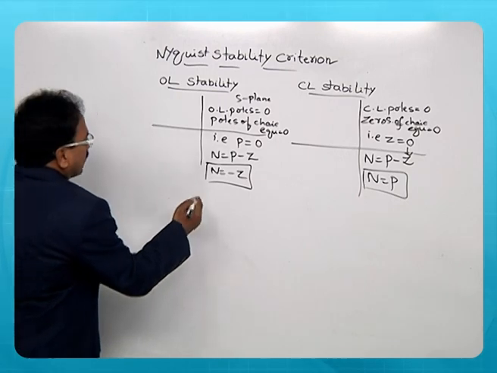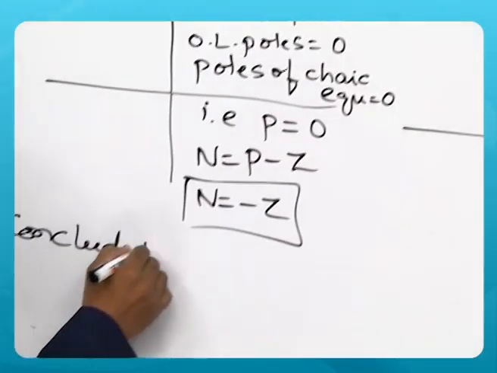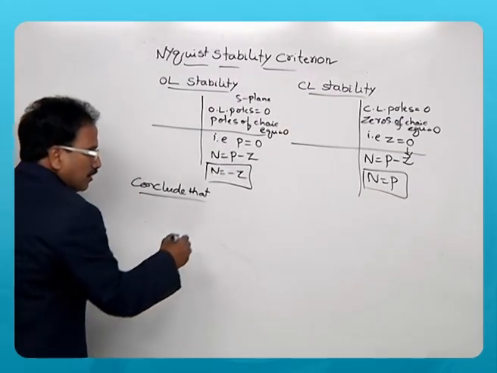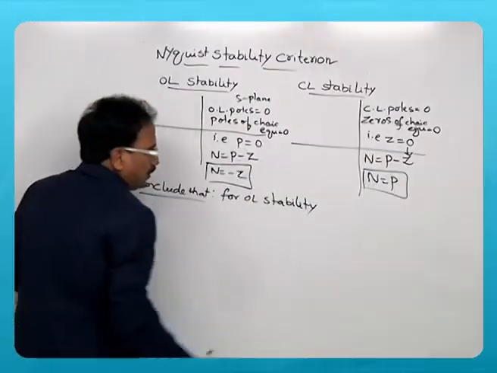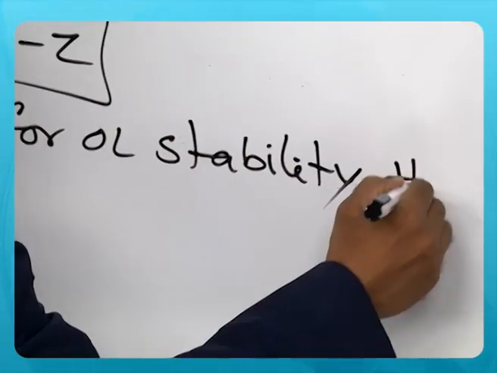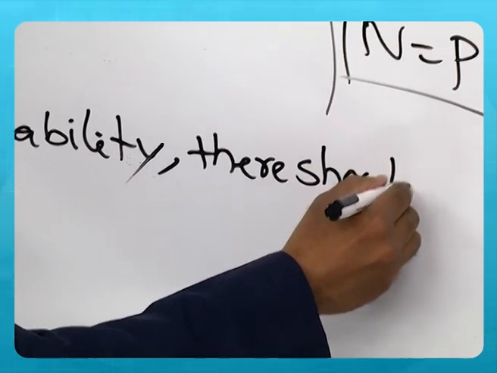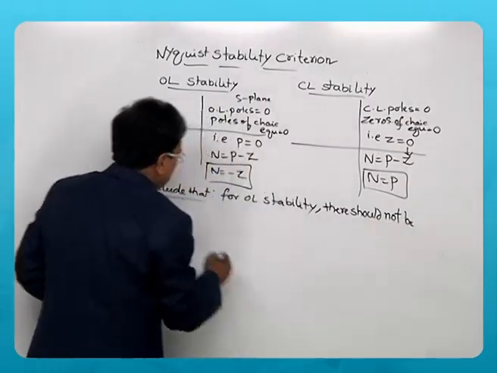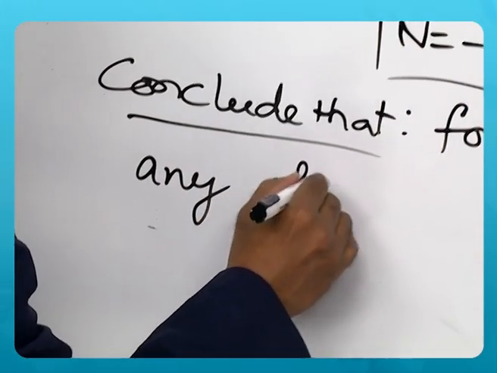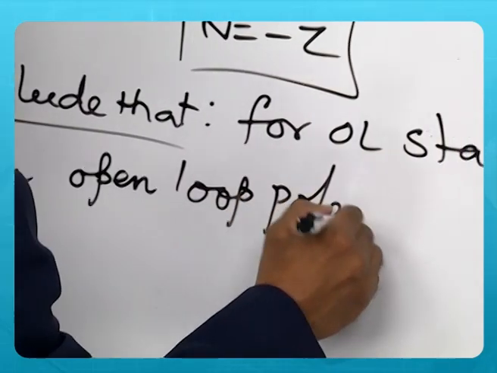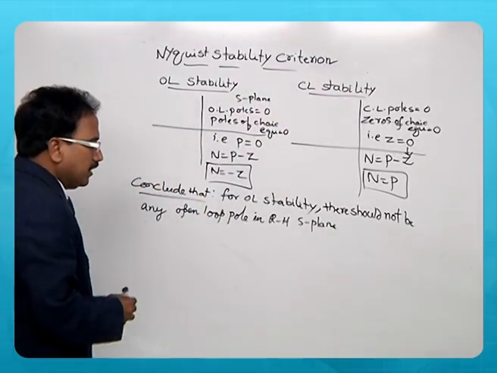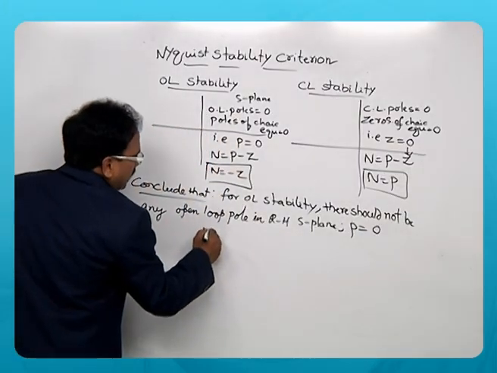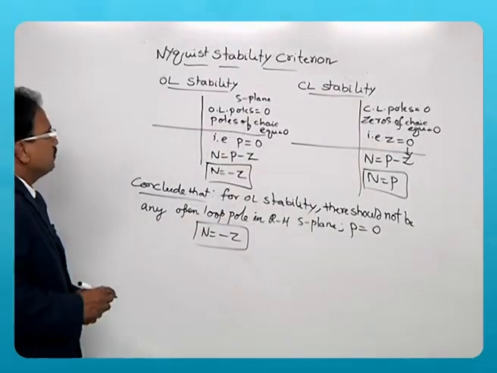So we can conclude that for open loop system stability, there should not be any open loop pole in the right half of the S-plane, that means P should be equal to 0, so n must be equal to minus Z for open loop system stability.